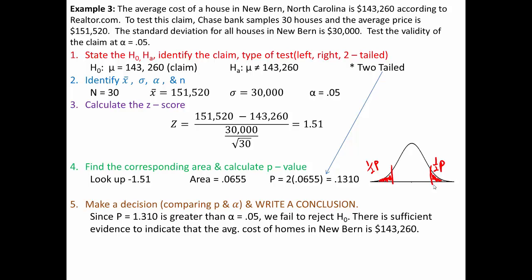So we could say there is sufficient evidence to indicate that the average cost of homes in New Bern is 143,260. Or you could say I fail to reject this hypothesis. One way or the other, it doesn't matter. They both say the same thing.